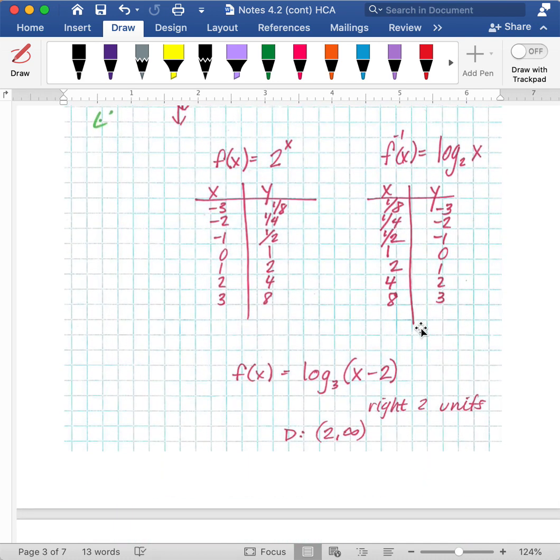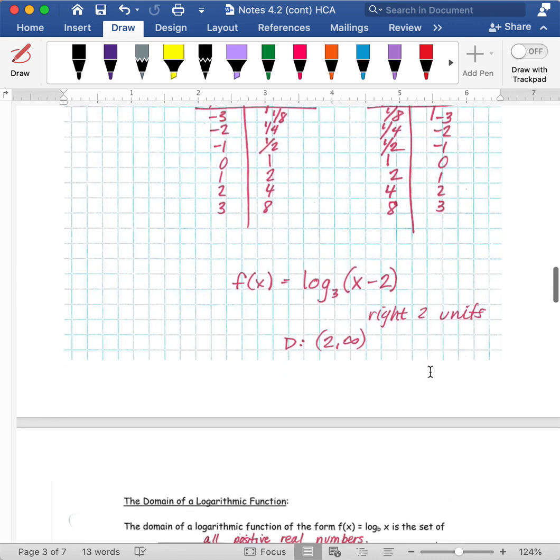Again, just illustrating that an exponential function and a logarithmic function, which are inverses of one another, will have tables that switch their x's and their y's. If you have questions on that, please let me know.